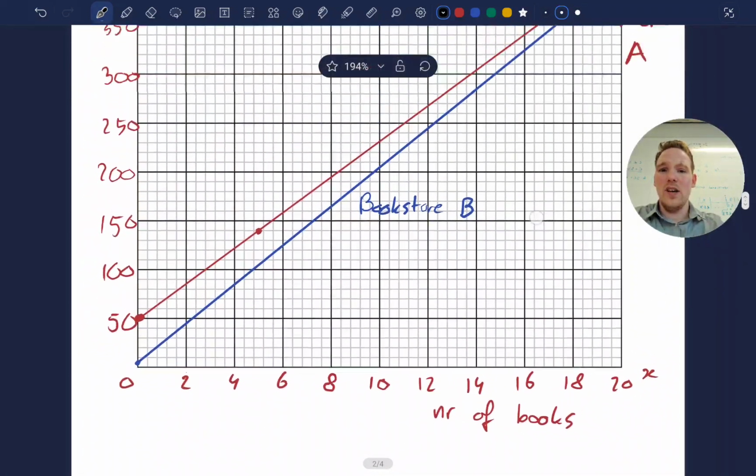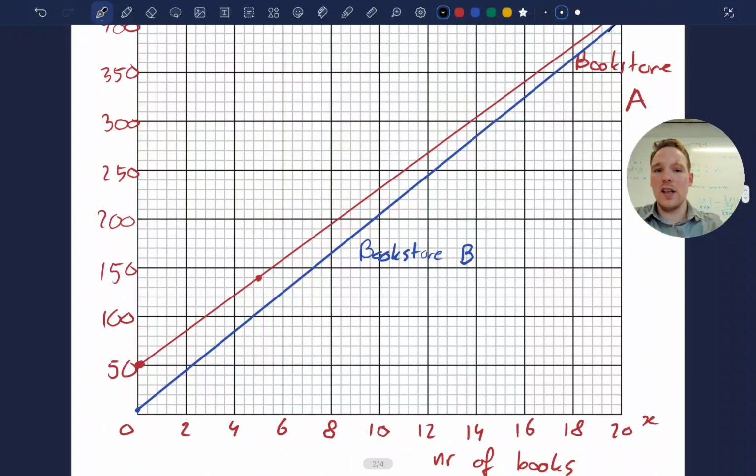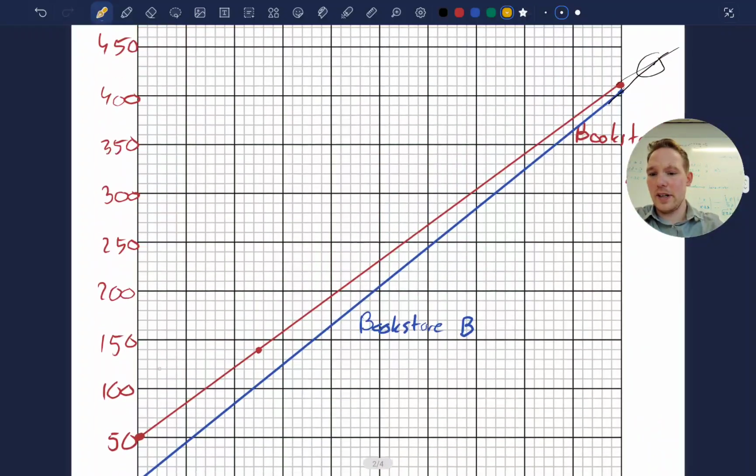If we were to have a parallel line, let's add a parallel line here in yellow. If we compare this red line to the yellow line, it doesn't matter how many books you buy. You might buy 1,000,000. The new bookstore, the yellow one, will always be more expensive. So actually there's no reason to ever go with the yellow bookstore in this case. So they'll probably not be parallel, because that's not a very interesting question.